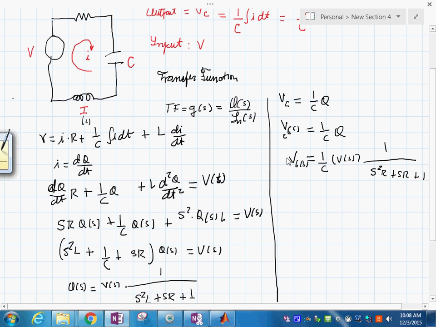The transfer function in question is this. This is your system.